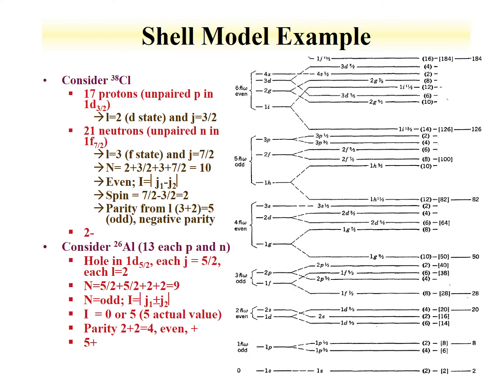We would expect the spin to be either 5 or 0. The parity: each spin state is 2. 2 plus 2 is 4, is even. So the spin is either going to be 0 plus or 5 plus, and the actual value is 5 plus. So here's an example with the odd Nordheim number where you get a choice of answers to evaluate.